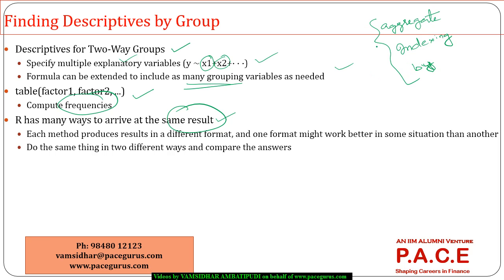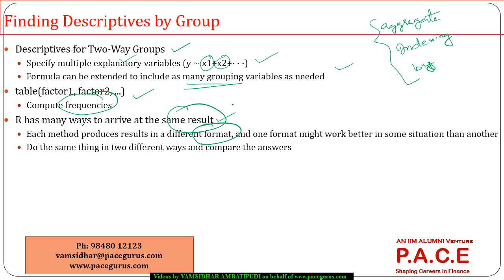These are all aggregations across the groups itself, which means R has different ways to arrive at a particular result. Each method produces the result in a different format, which means not all can be used in all scenarios. In some scenarios, the result produced in some specific format could be much better compared to some other scenario.